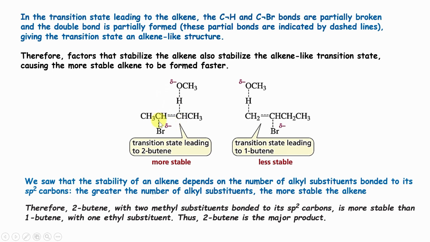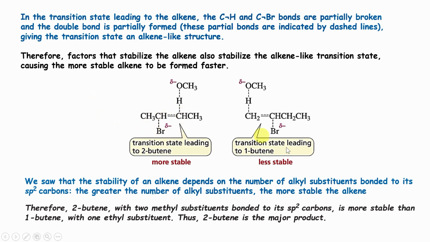That is, the carbon-halogen bond is partially broken, the carbon-hydrogen bond is also partially broken, and the new bond is partially formed. All these are indicated in dashed lines, giving the transition state of the reaction an alkene-like structure.